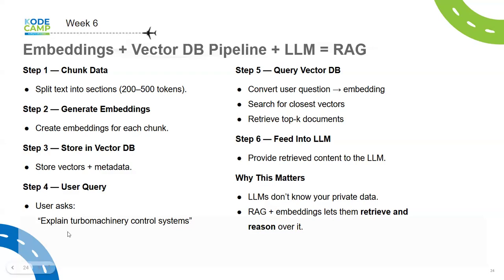So effectively, you are finding the meaning of this prompt. Then this embedding, you will use it to search for similar embeddings in the vector database. So that would basically find content in your database whose meaning relates to the question.